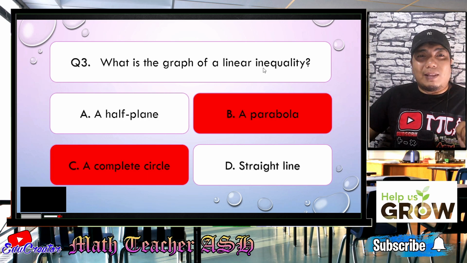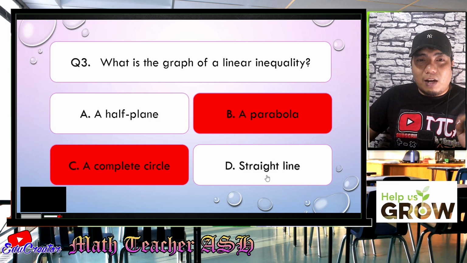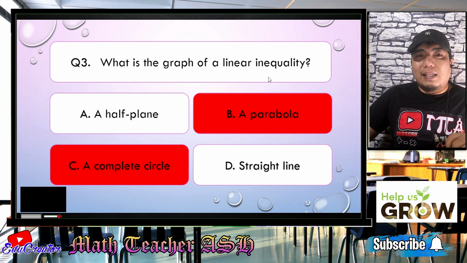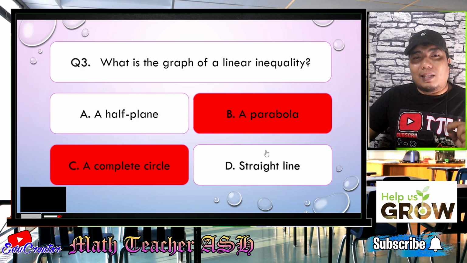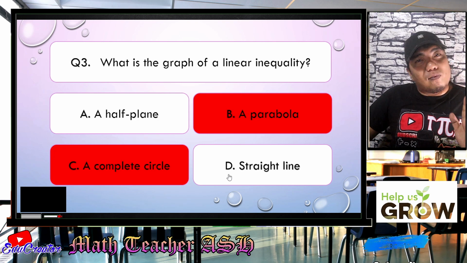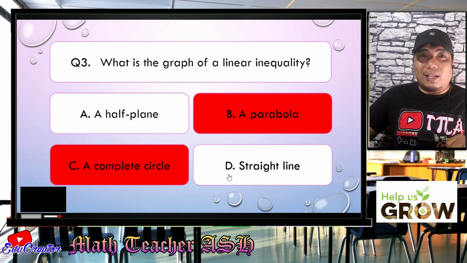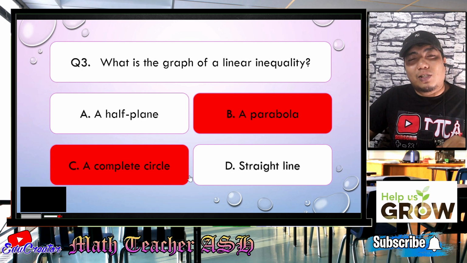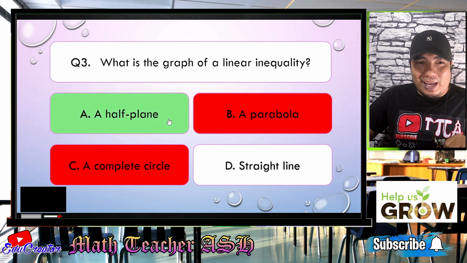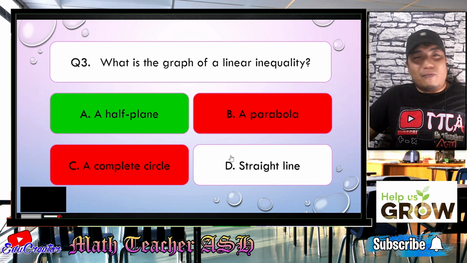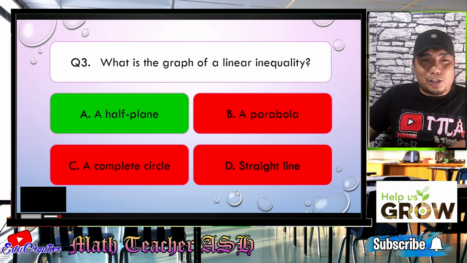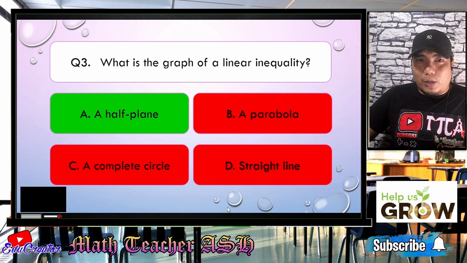Now, talking about linear inequality, linear can be a straight line, but since we are talking about inequality, a straight line is only for linear equation and not linear inequality. So therefore, the correct answer is letter A. Alright. Easy, right? Very easy, my dear math learners. So now let us go to question number 4.